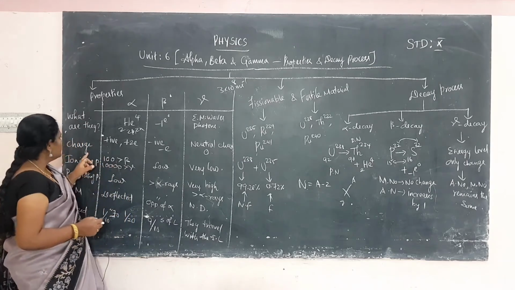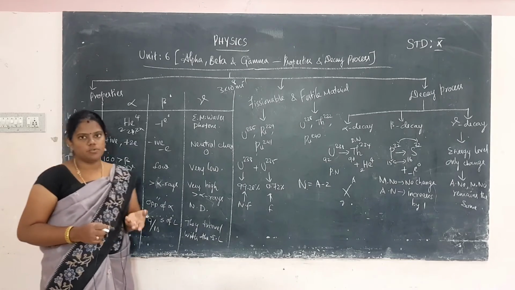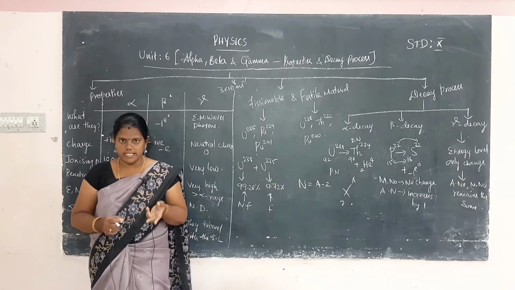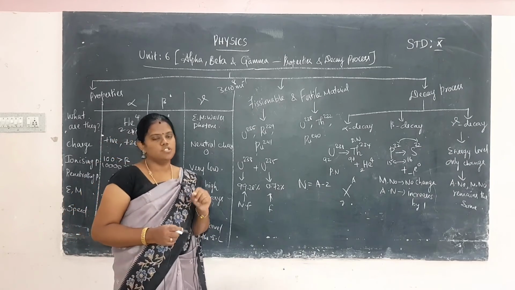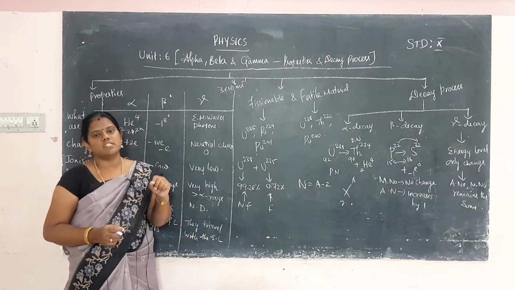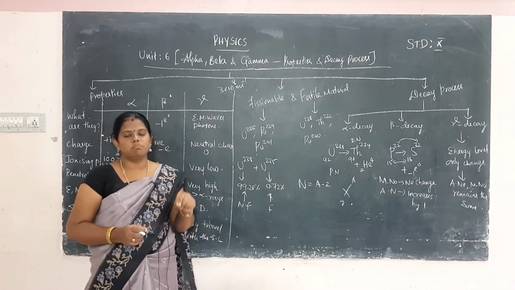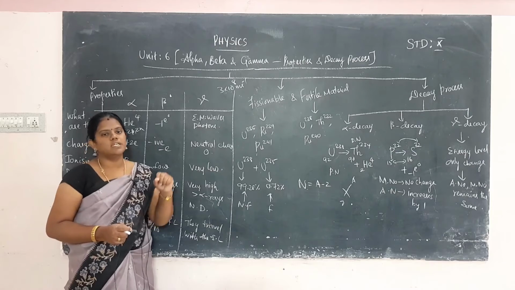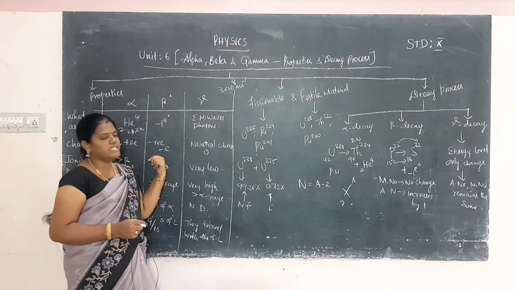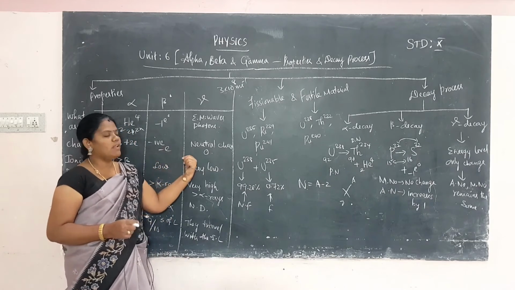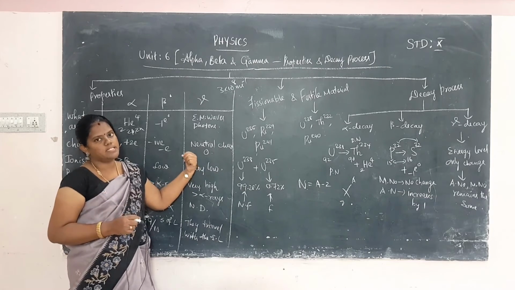The charge of alpha is positive, beta is negative, gamma is neutral. The value of the charge for an alpha particle is plus 2e, for beta rays minus e, and for gamma rays 0.